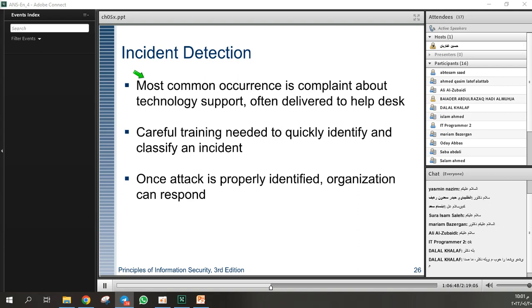Maybe someone says, okay, how can I detect an incident? It depends. Mostly people use technologies. For example, you can install some fire sensors in your house, and they can alarm that there is a fire in that place.